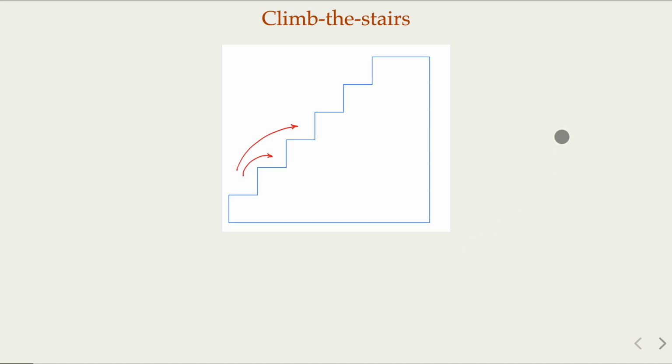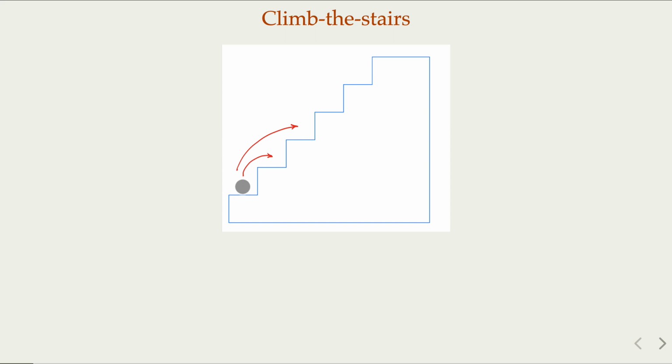If you learn computer science, there is a classic recurrence problem, that is climbing the stairs. So in this statement, you can climb up either 1 step or 2 steps at a time. The question is how many ways you can go from the bottom stair to the top if there are n stairs.